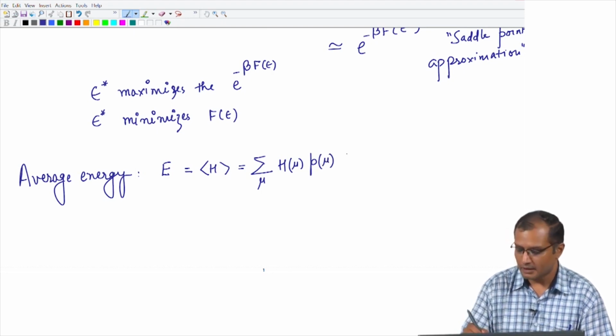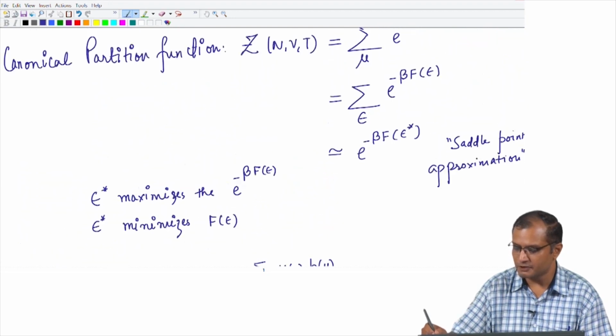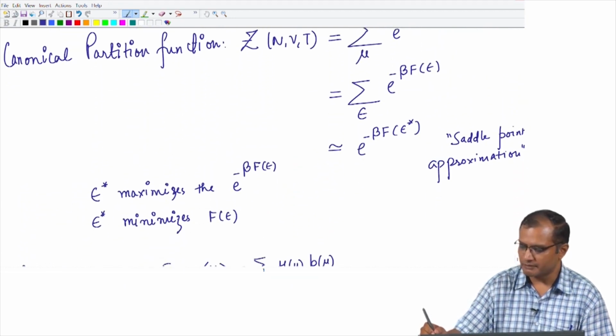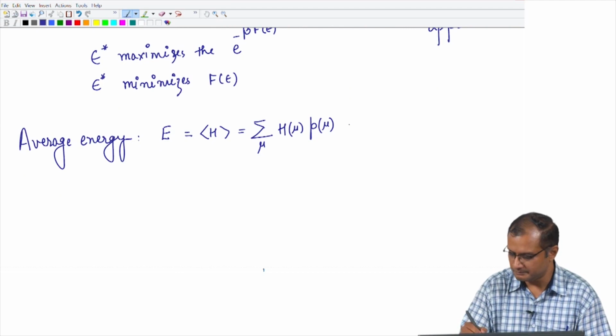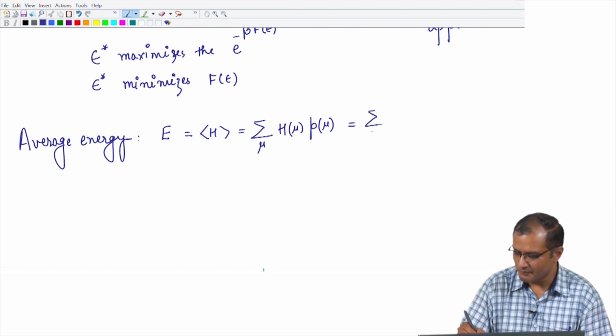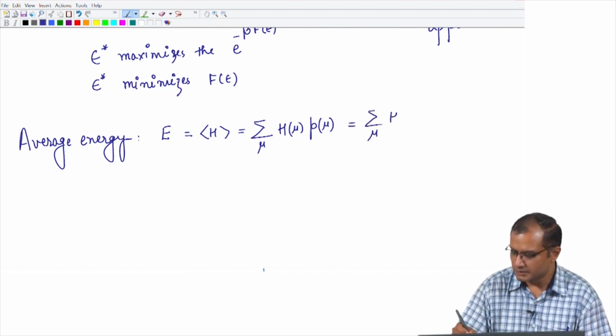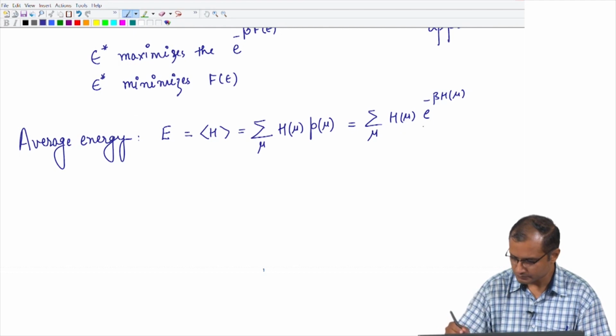Okay. And if I recall, this P of mu from the previous lecture is nothing but simply the Boltzmann factor e to the power minus beta H mu over the canonical partition function.